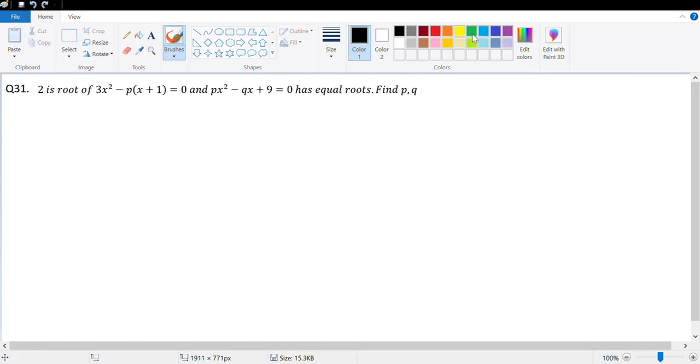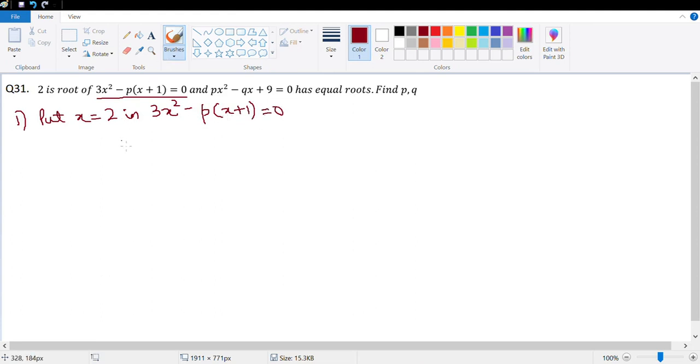Question 31 says 2 is a root of the given equation 3x square minus px plus 1, and px square minus qx plus 9 has equal roots. Find the value of p and q. So 2 is a root of this equation. Put x is equal to 2 in 3x square minus p times x plus 1 is equal to 0.